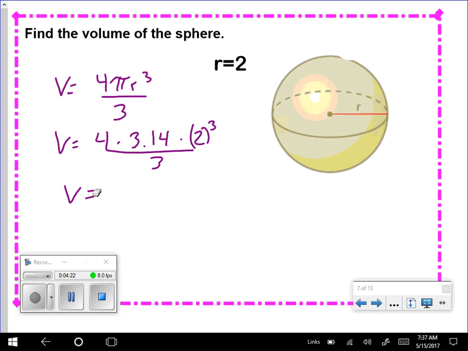So we'd have 2 cubed is 8. 4 times 8 times 3.14 divided by 3 gives me 33.49. We'll do units cubed here because there's no units listed.